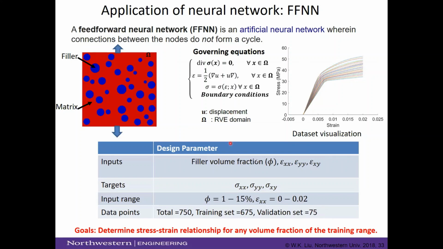We are going to use these available data to make a neural network model that will properly predict any type of composite in this system. I have 1 to 15, but if I want to see the stress strain curve of 14.3%, then we're going to use this neural network.